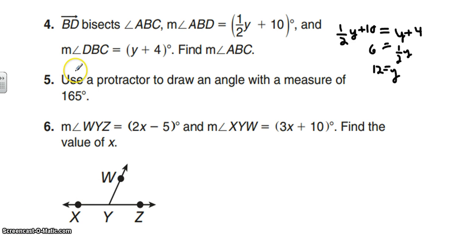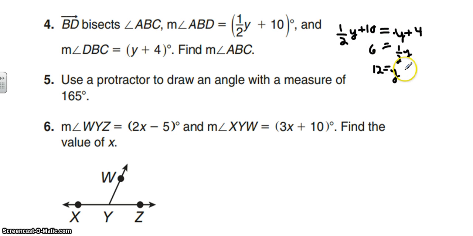All right, for number 4, ray BD bisects ABC. And we have two interior angles, angle ABD and angle DBC. Each of them has an expression given. Because BD bisects this larger angle, ABD is congruent to angle DBC, so we can set them equal.